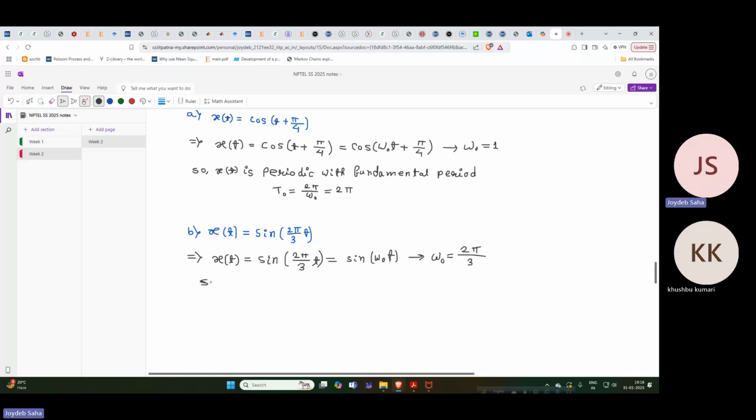So the first part was whether x(t) is periodic or not.